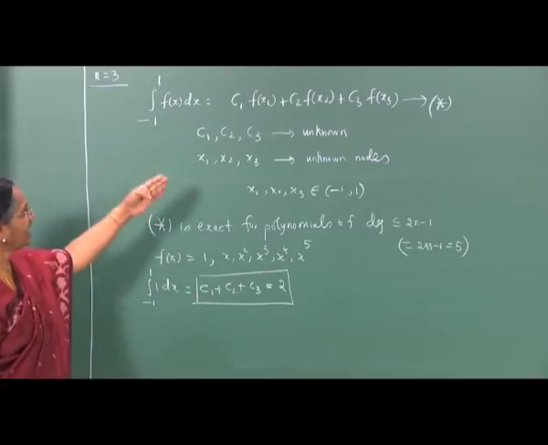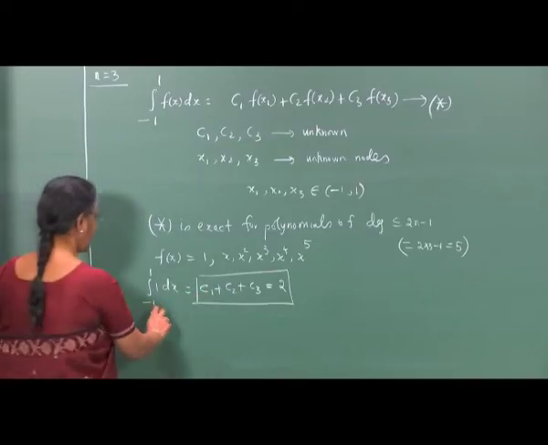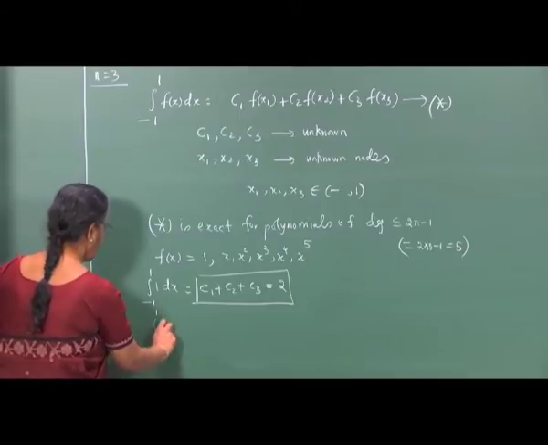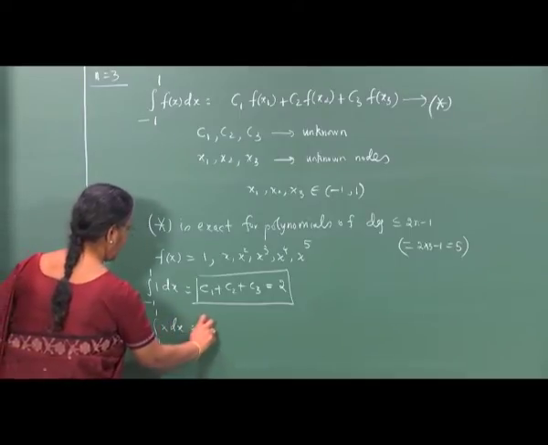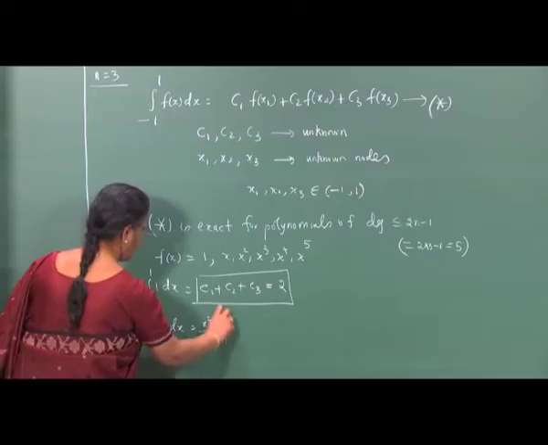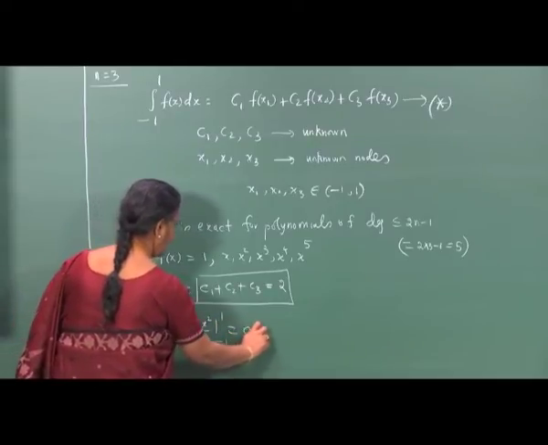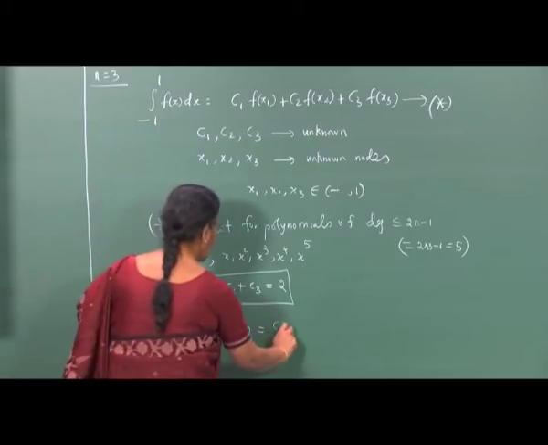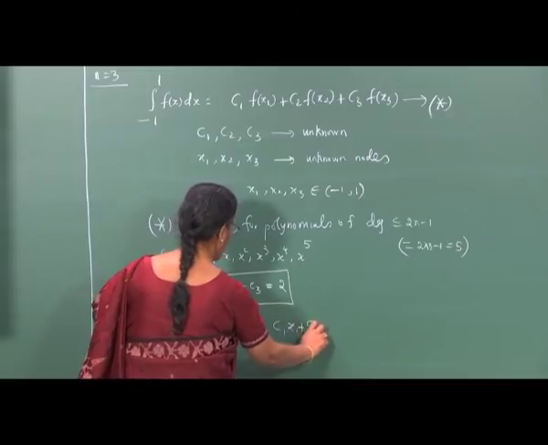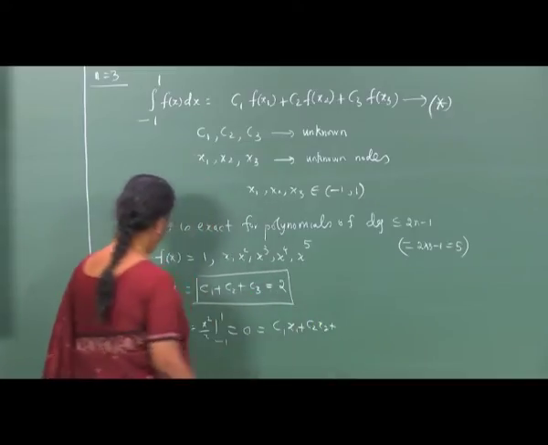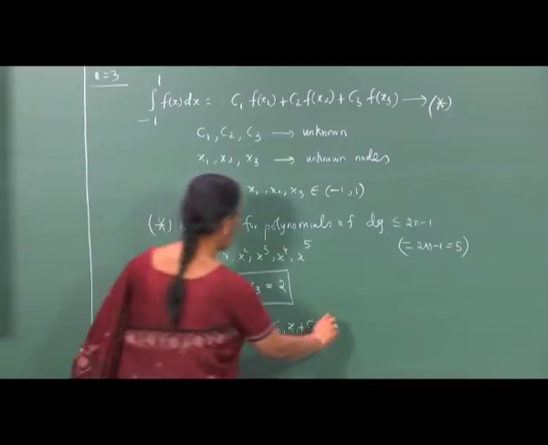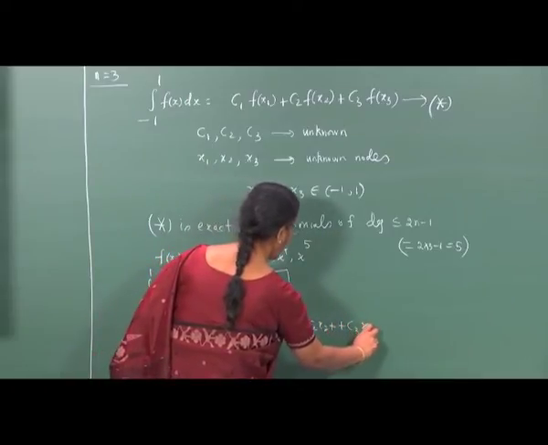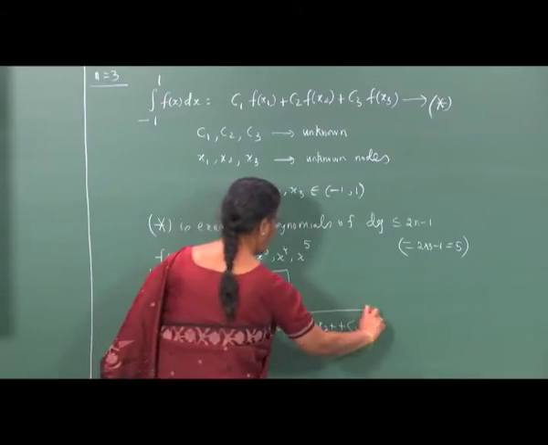So, we can write down the other conditions, namely minus 1 to 1 x dx will be x square by 2 between minus 1 and 1, and that will be 0. So, that will give you c1 x1 plus c2 x2, because f of x is x, plus c3 into x3, and that is equal to 0.